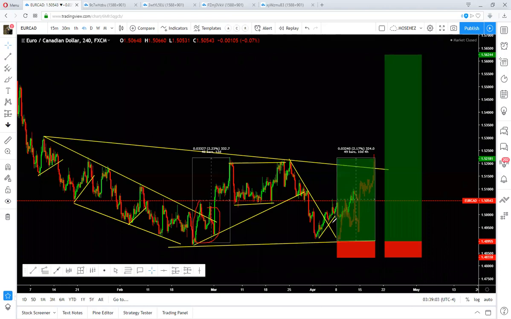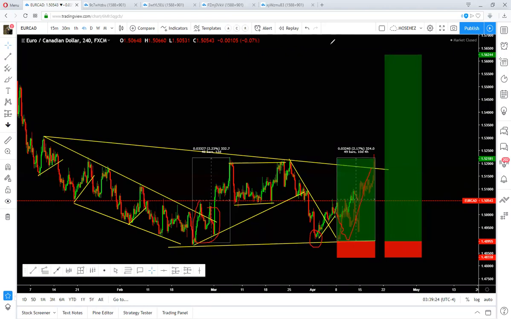I remember I shared that I was expecting it to come down and then rise again. It didn't come down, but it is going how we predicted, just slower than we expected.